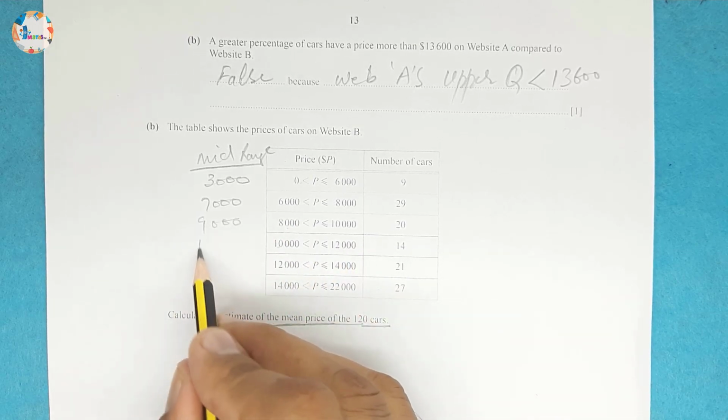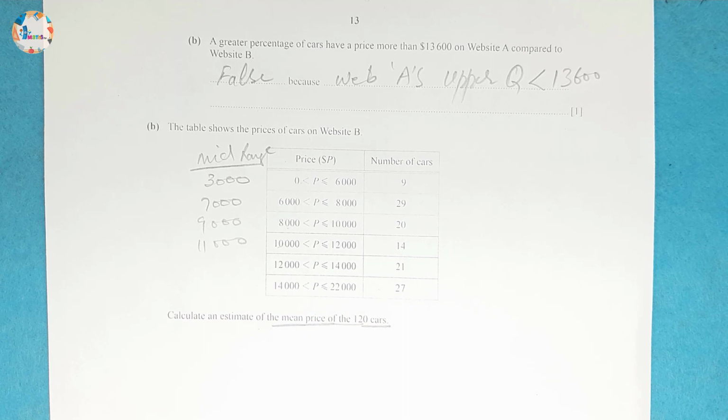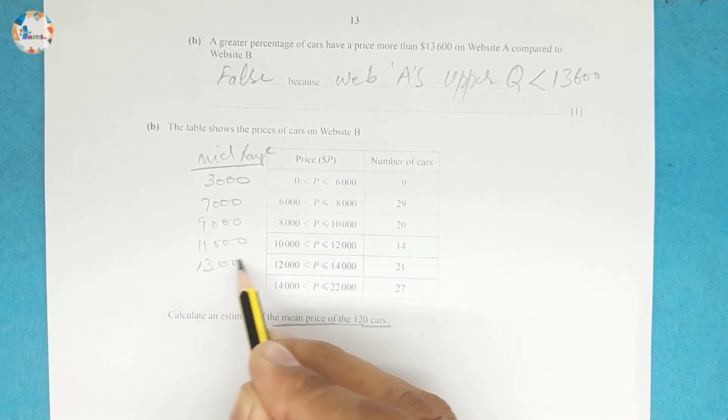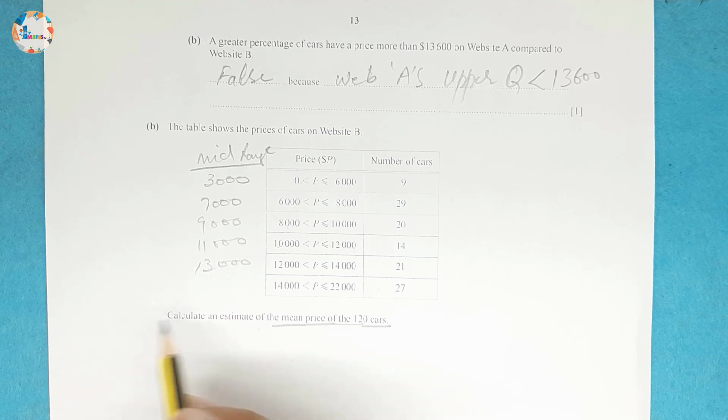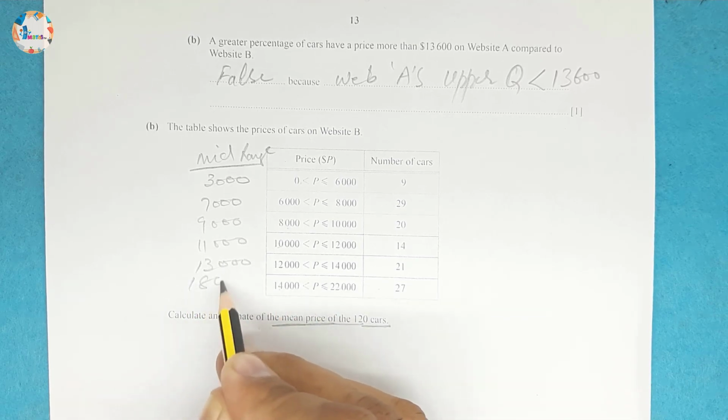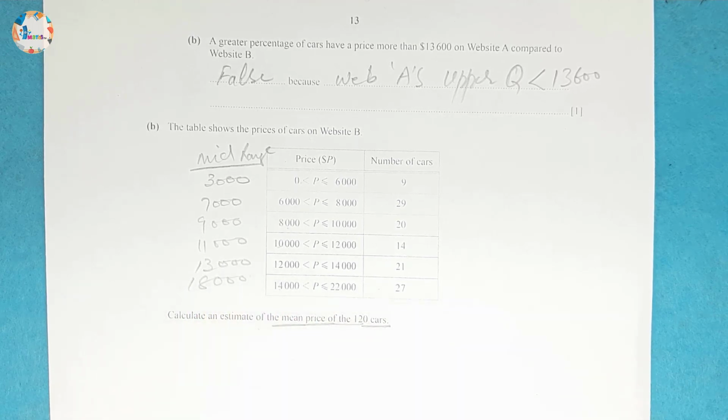Middle of these two will be 11,000, then middle of these two will be 13,000, and middle of these two will be 18,000. So we can write here 18,000.